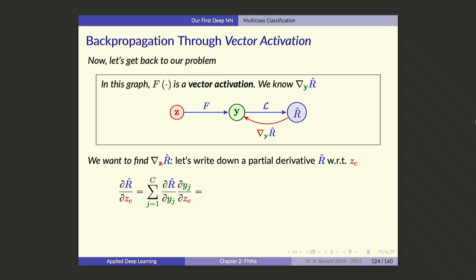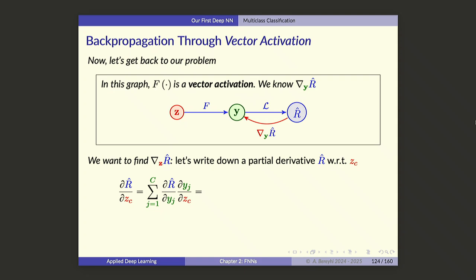So I want to compute the partial derivative of r hat with respect to, say, z1. So I want to compute the partial derivative of my r hat, this error term, this loss term here, with respect to the first entry here.